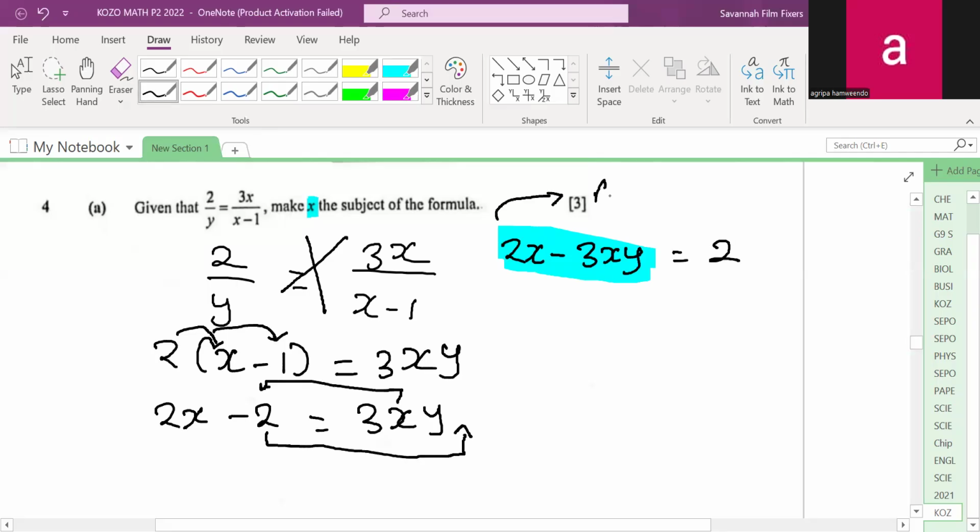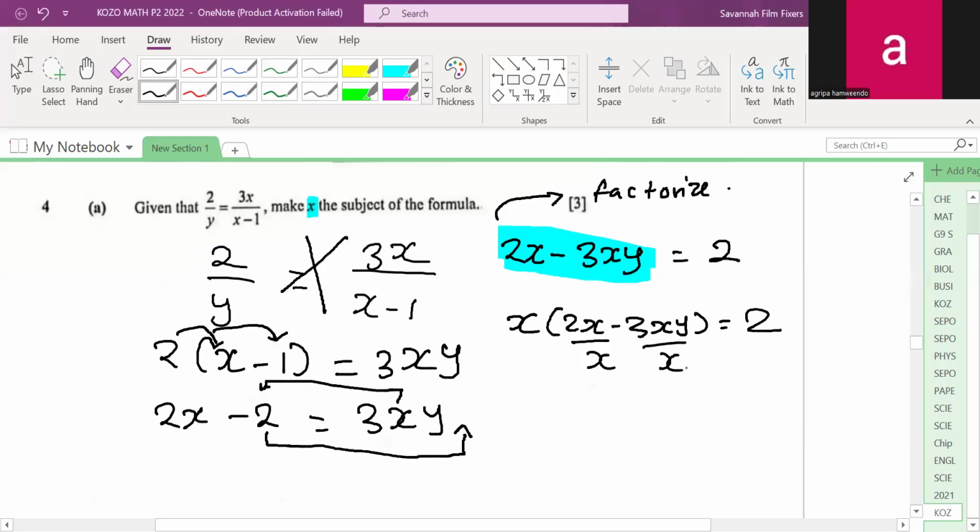Yes, we can factorize. We look for a common variable, a common letter. There's an x in common there, so we factor it out, and we end up with x times (2 minus 3y) is equal to 2.